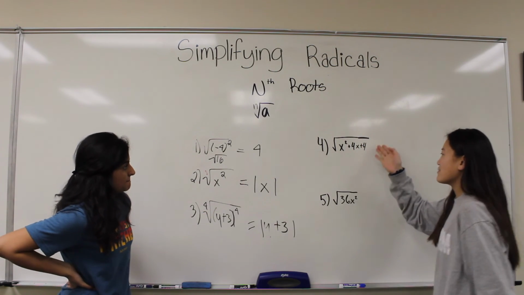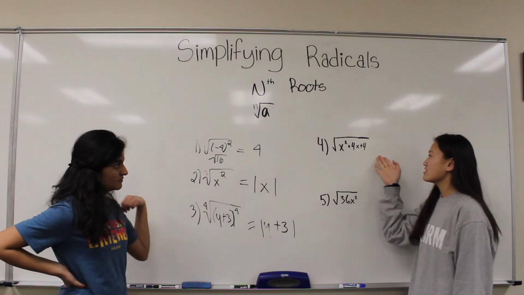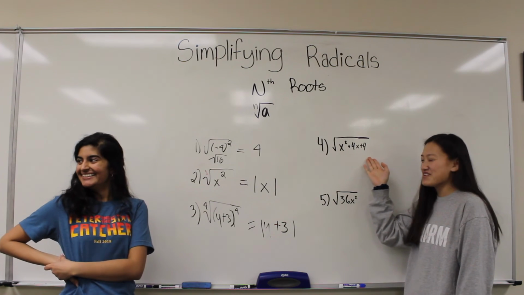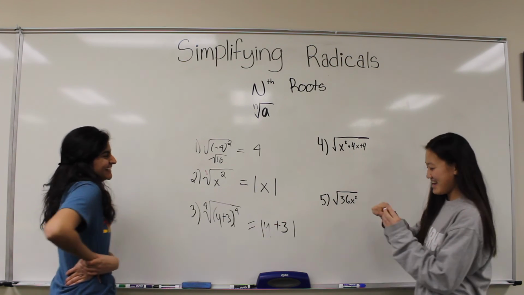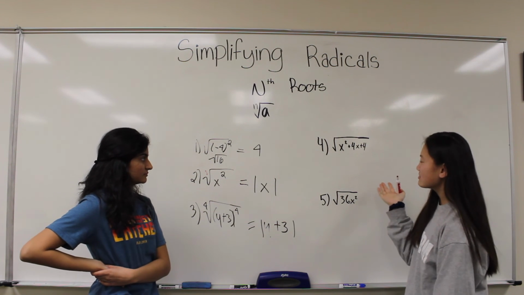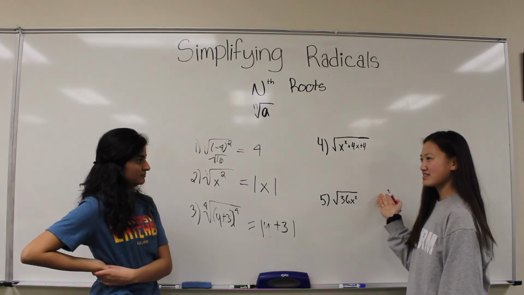Okay, now here on number 4, you might think and see, what is this? Do I have to factor it? What? How do I take the square root of this? Okay, but really, if we just look at this, and from our factoring videos, actually, I don't think, do we have factoring videos? No, we don't.